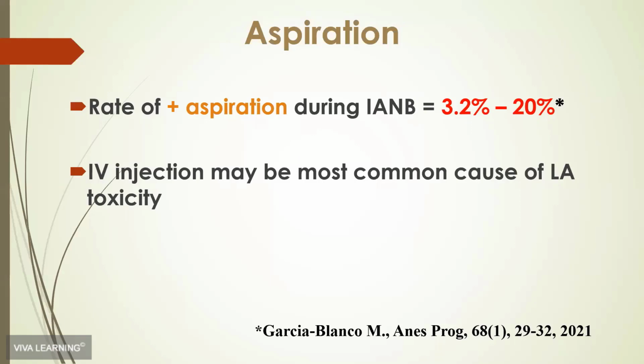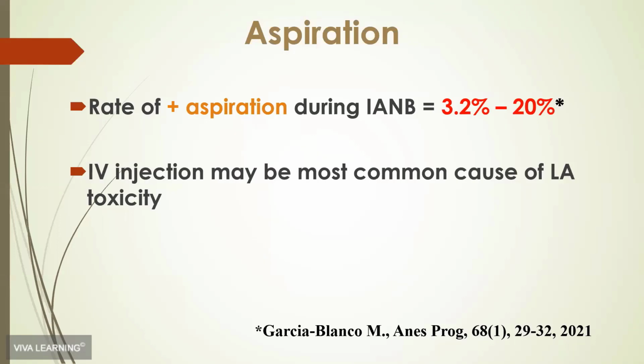And this study showed that you get a 3.2 to 20% rate of aspiration in the area of the inferior alveolar nerve block. Now, why is that important? Well, an inadvertent intravascular injection is the most common cause for toxicity of local anesthetic.